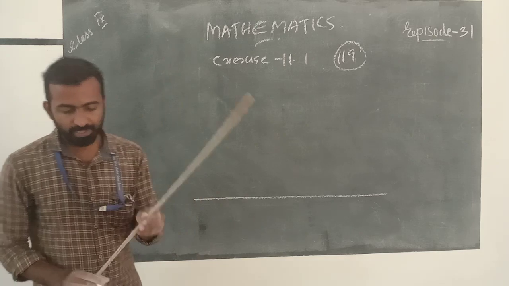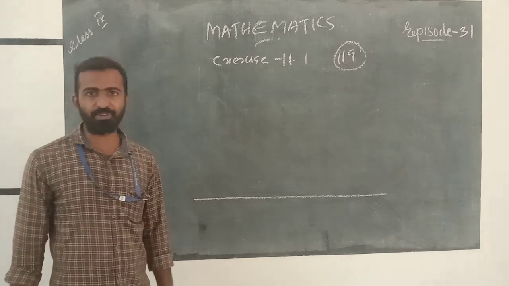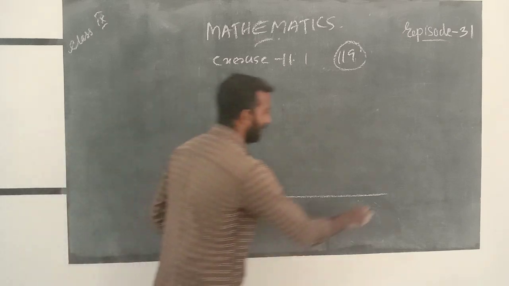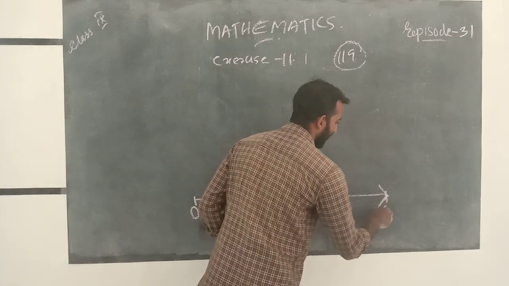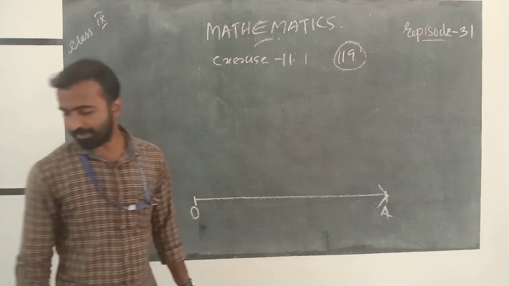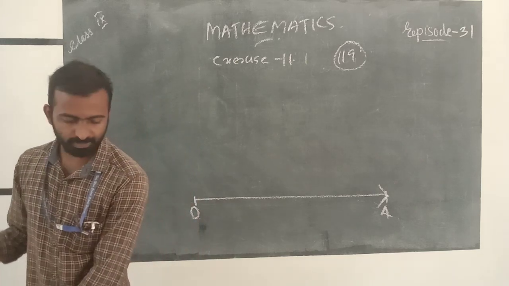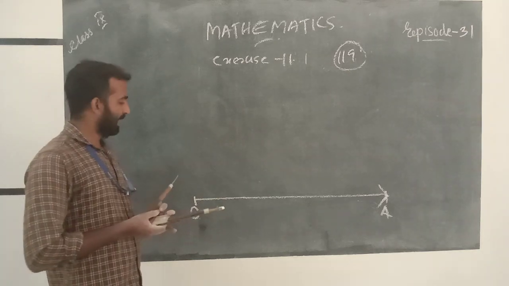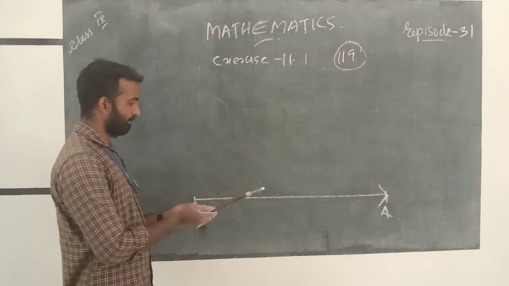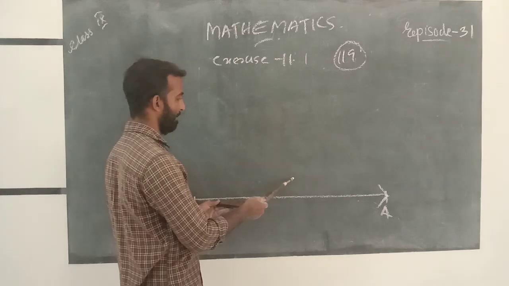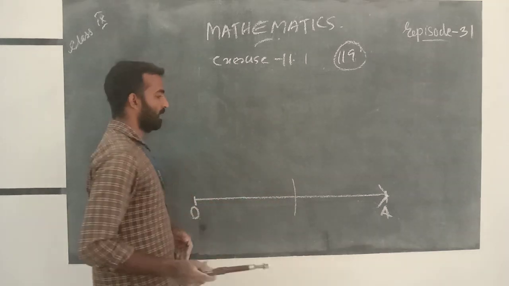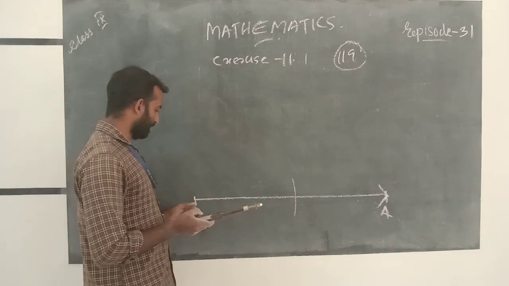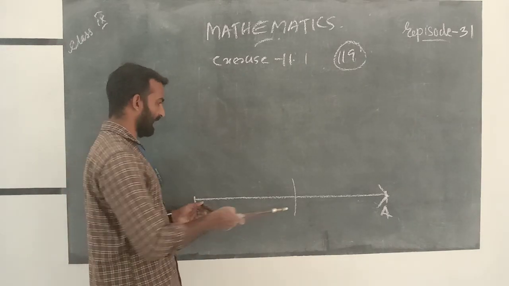Next we draw an arc from A. We take 4 cm in the compass and cut the ray. That is, we draw a 4 cm length arc.